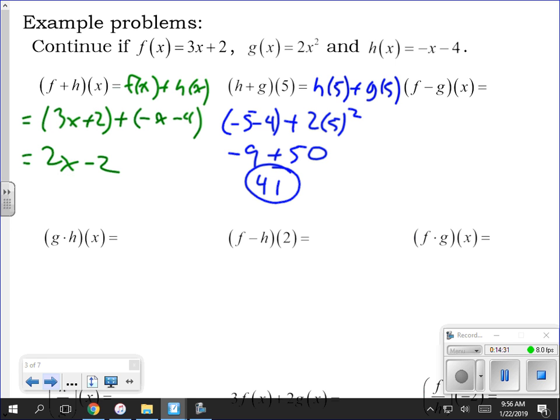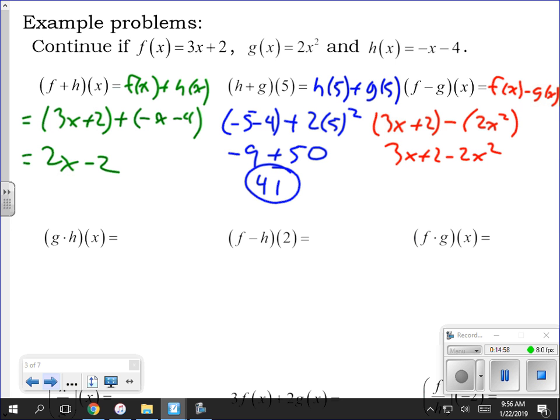F minus g of x is f of x minus g of x. So that's 3x plus 2 minus 2x squared. Can't really do much to that except get rid of the parentheses. 3x plus 2 minus 2x squared.